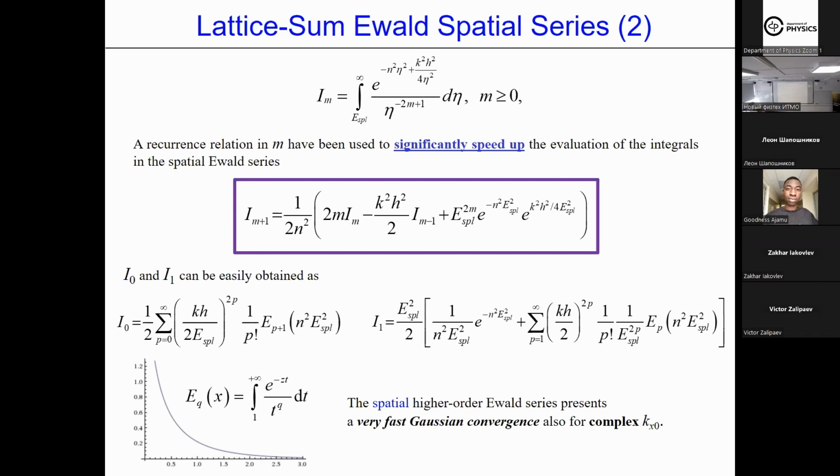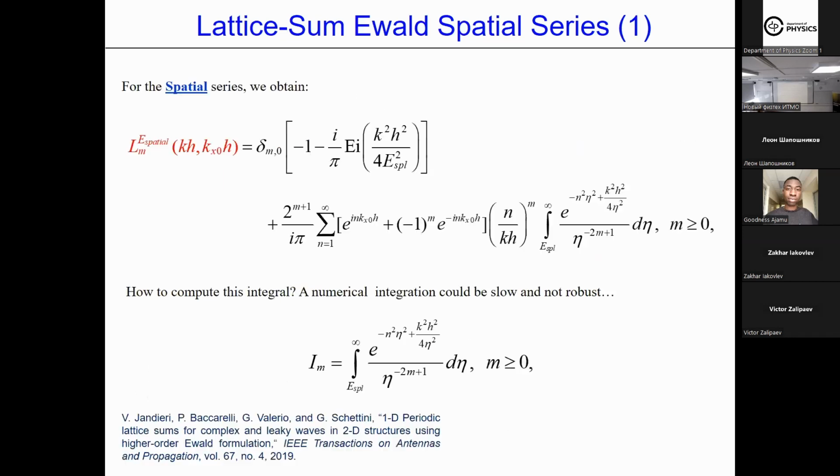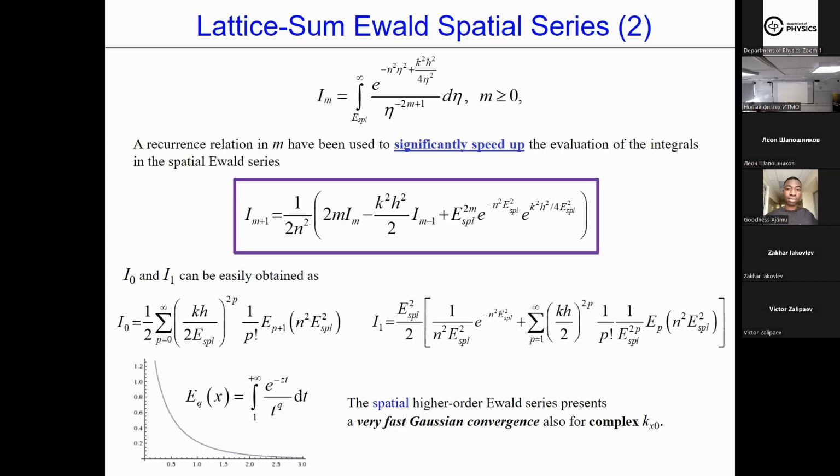I'm asking about stability. You are talking about the formula in the center? Yes, here. For example, if we have a complex value, it depends just on kh, which is the normalized parameter, and the splitting parameter. This is stable, yes. This is a very old paper with the mathematical derivation of this. So not your result? No, this is not.